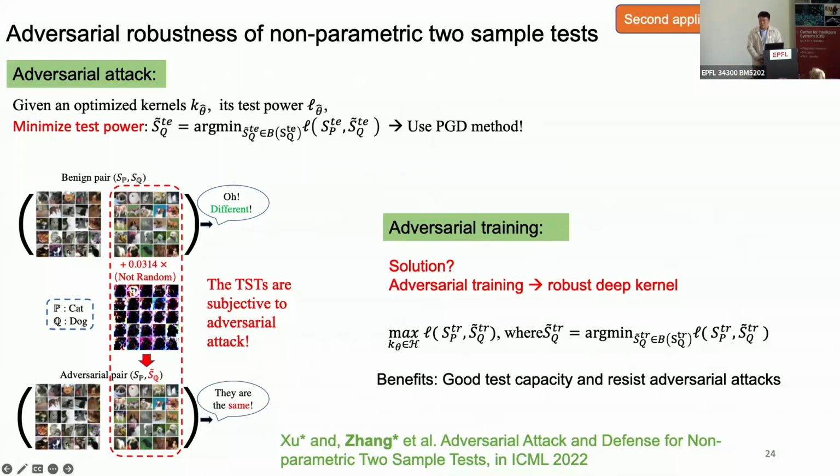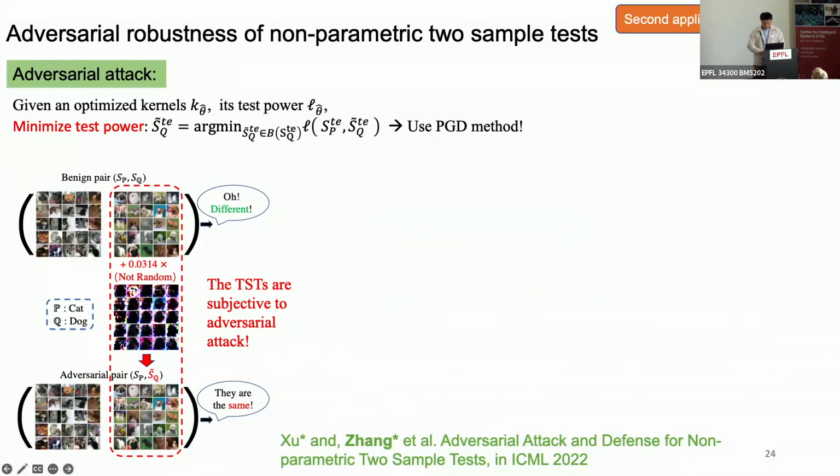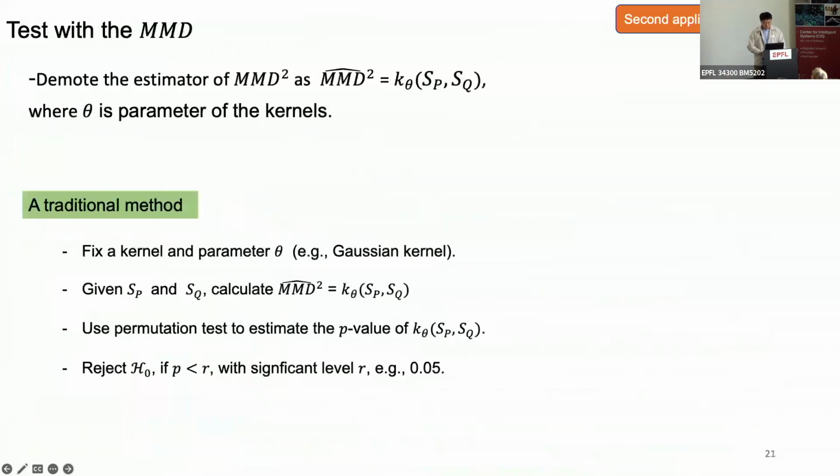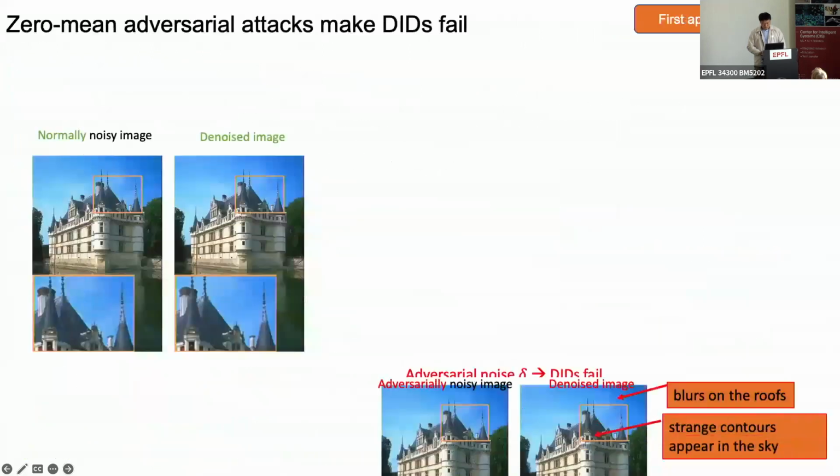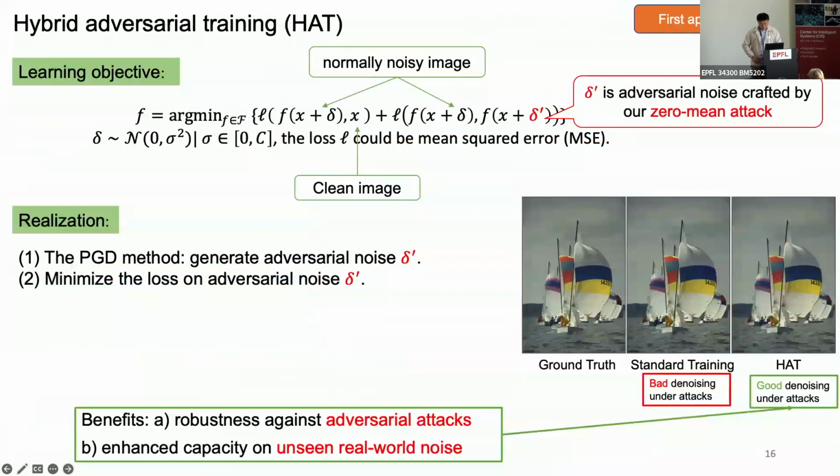Thank you for the interesting talk. In the first part, you introduced the denoiser. Can the robust denoiser be robust to new types of noise? So here you use your proposed attack, right? Yes. But how about other possible attacks?